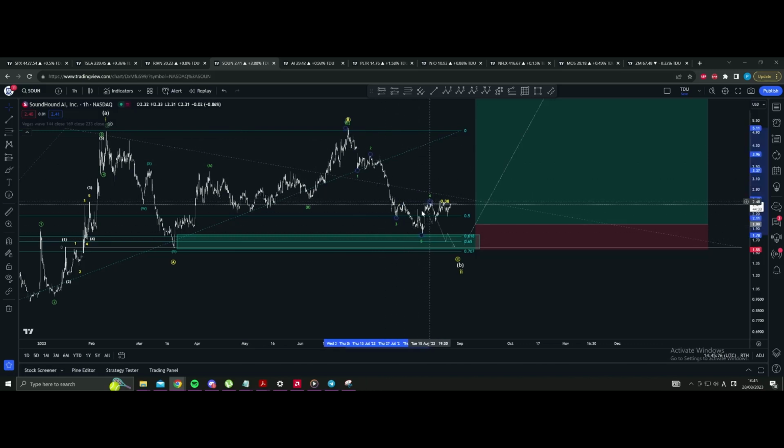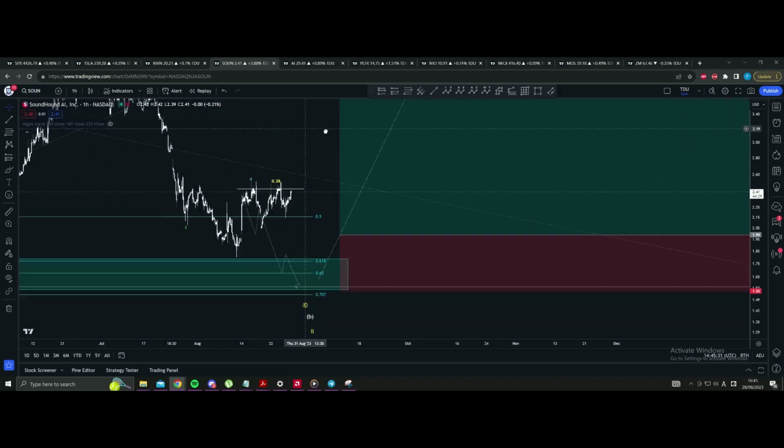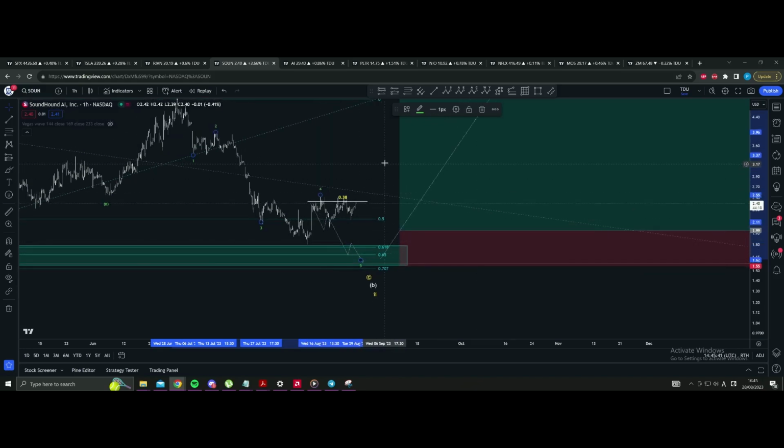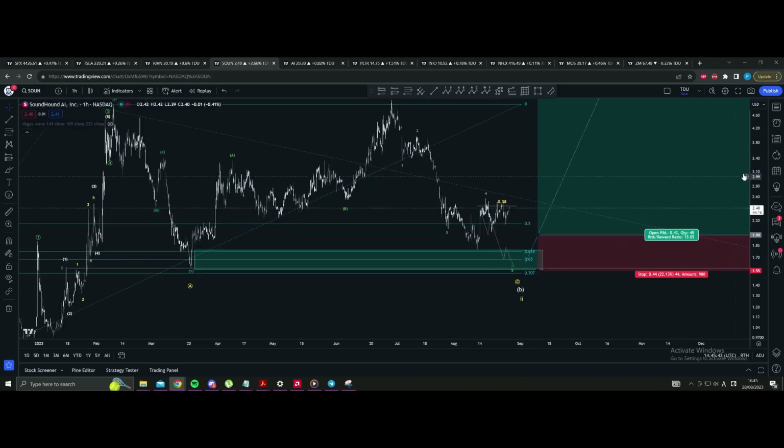I wanted to be conservative and count it this way, but for the moment this doesn't seem to be descending just yet, and the more it goes sideways, the more I'm leaning towards the fact that it's just gonna go off, which is still good, right?